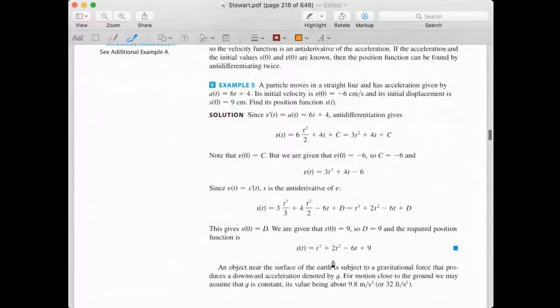All right, let's see example 5. This is an application. This application is saying a particle moves in a straight line and has acceleration given by this. Acceleration, if we remember, that's our v prime of t.